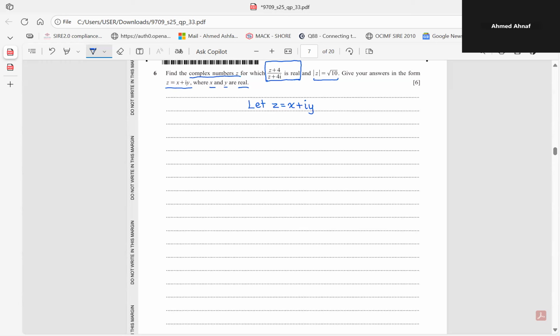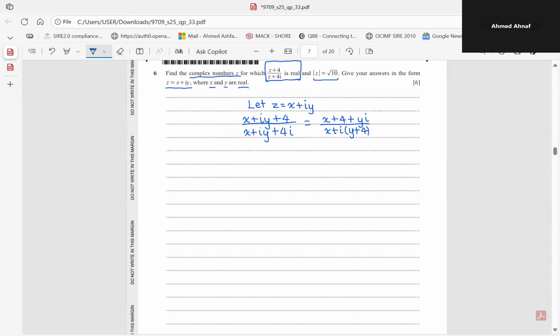So sub in z equals x plus iy, so x plus iy plus 4 over x plus iy plus 4i. This equals x plus 4 plus yi over x plus i times y plus 4.